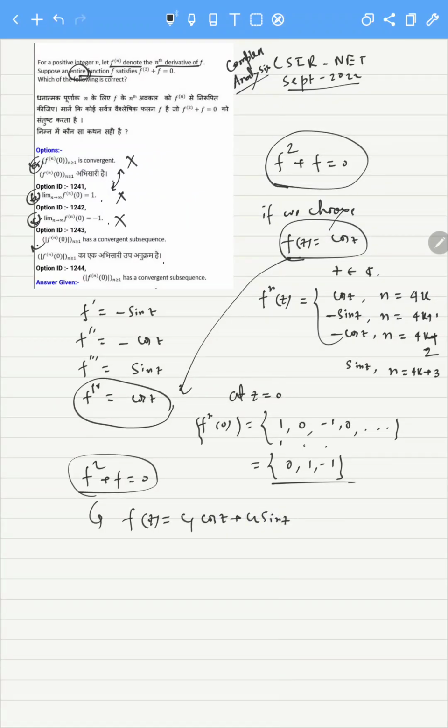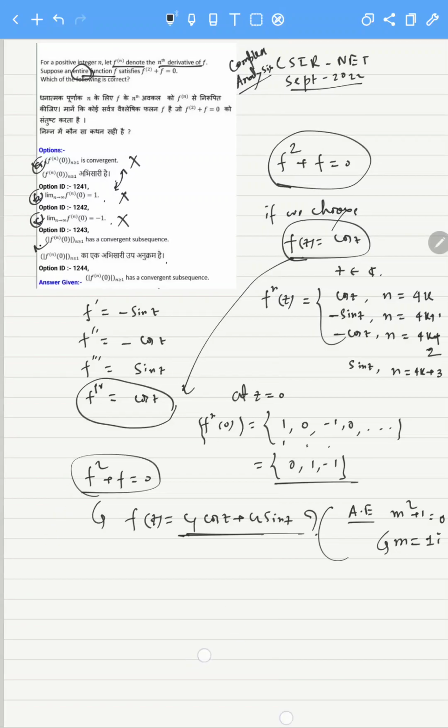For those who are not able to understand how it comes, I am going to just give the idea: the auxiliary equation here will be m squared plus 1 equal to 0. I think you can now understand how it comes. m equal to plus minus i. From there we write this as the solution.